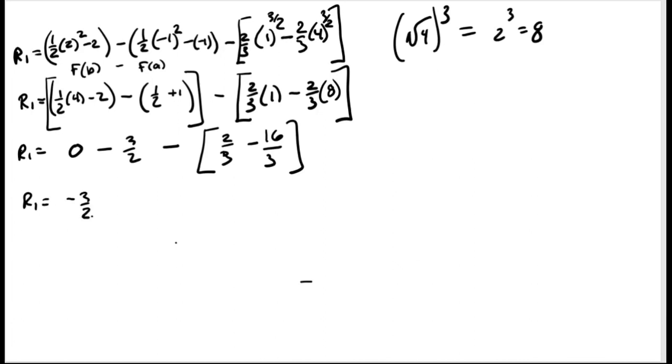R1 is -3/2. 2 minus 16 is -14/3. The double negative makes it plus 14/3. -9/6 plus 28/6 gives us a region 1 area of 19/6.